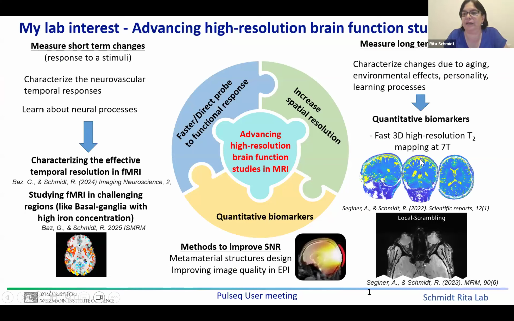On the other hand, we have topics that also involve quantitative biomarkers, where one of the projects is T2 mapping based on a specific partially spoiled GRE sequence. This is how we started our Pulseq project.